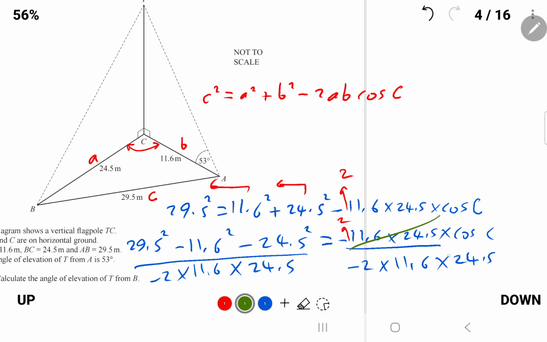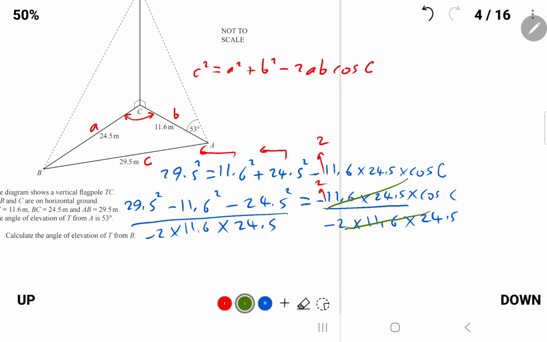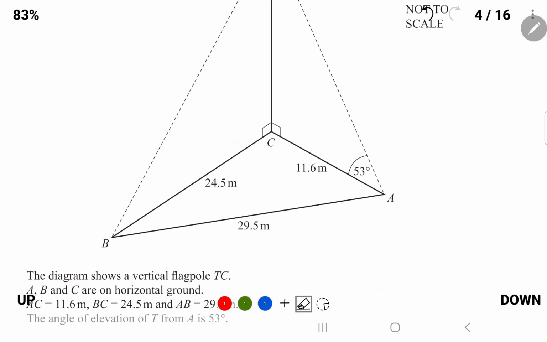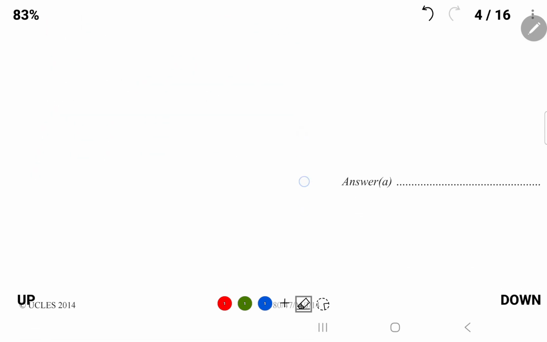Now cancel these, and then cosine C will be this amount. In order to find C now, you can say C is equal to cosine inverse of this amount, and then you get exactly as required 104. Now let's see the next question.